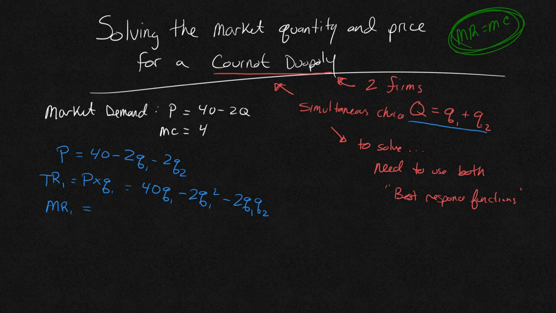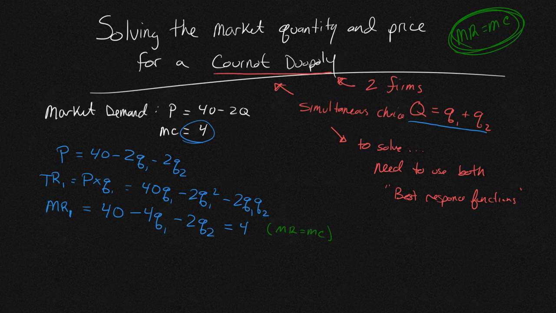So as we'll notice, my marginal revenue for firm 1, that's why I'm denoting it with a little 1 here, is going to be 40 minus 4q1 minus 2q2. And again, how do we find that optimal quantity? Marginal revenue equals marginal cost. So I'm going to set that equal to 4, because remember my marginal cost is 4. So this line is showing marginal revenue equal to marginal cost.